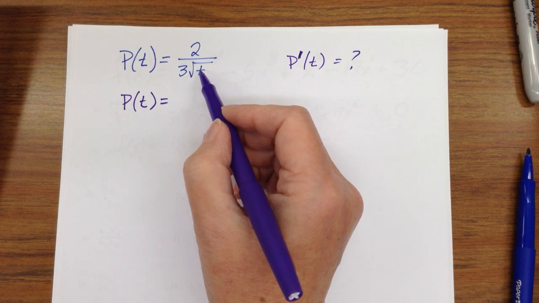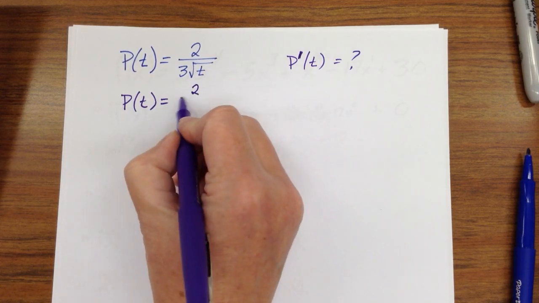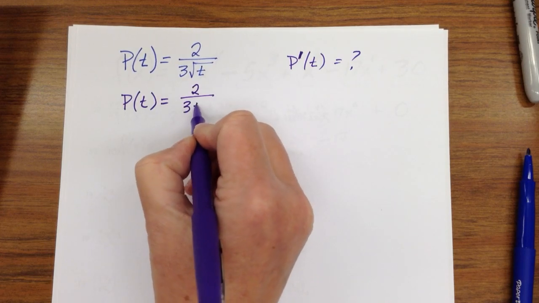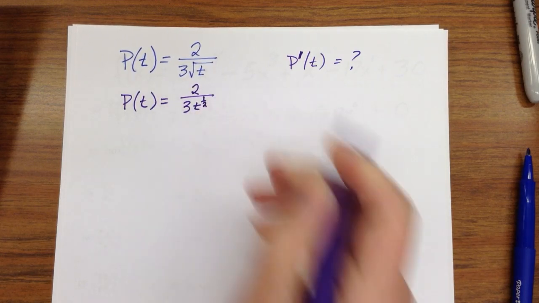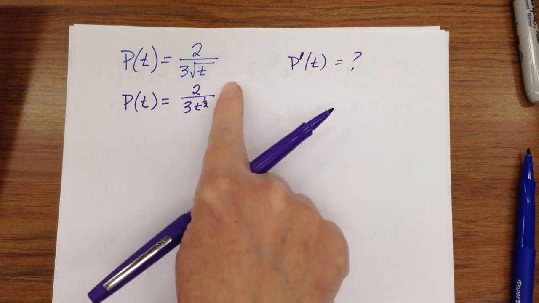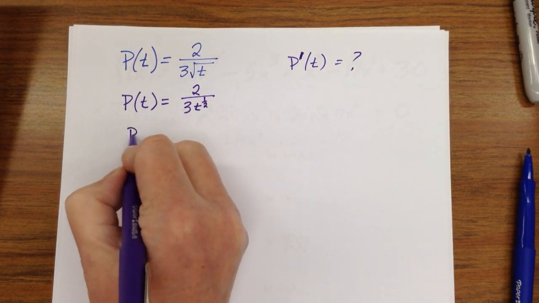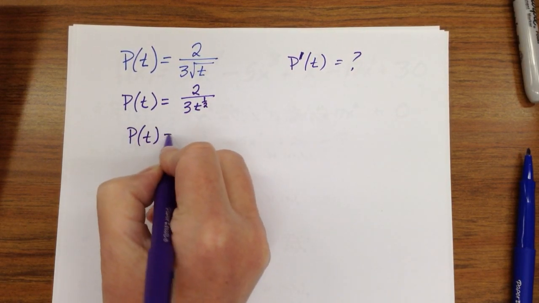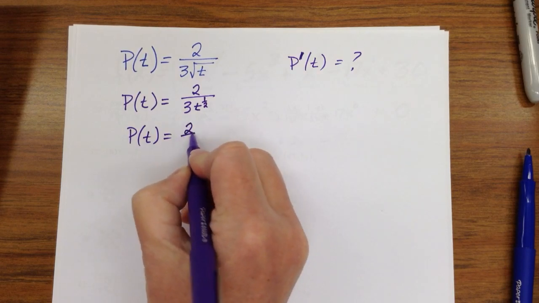Well, yes, we can. We can rewrite a square root with an exponent. A fractional exponent. Well, that gets rid of the radical, a 1/2 power, but it's still a denominator. It's still division. Well, can we bring this out of the denominator? Yes, we can. Watch how we rewrite this.